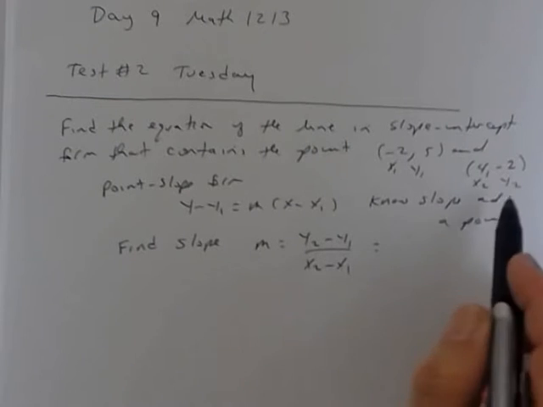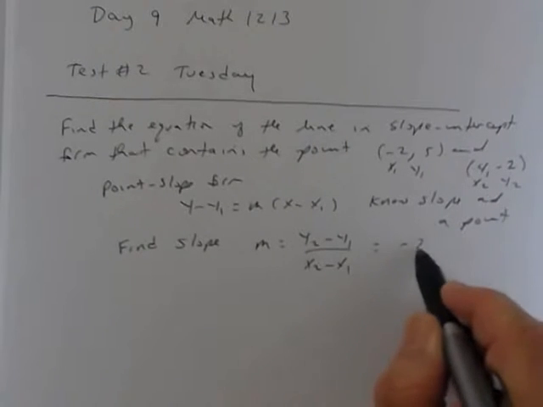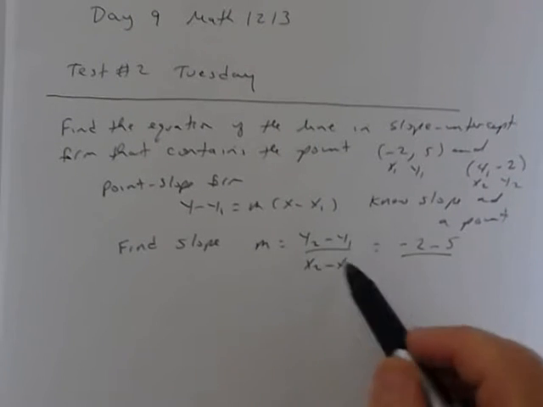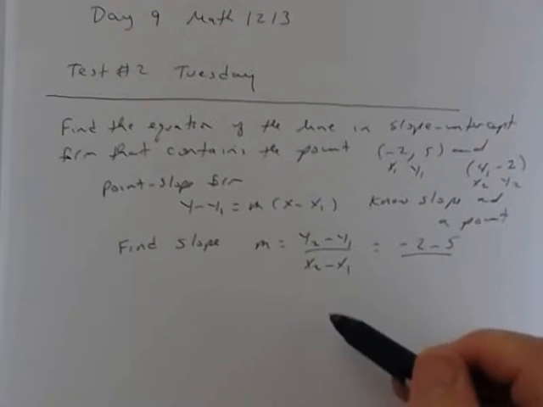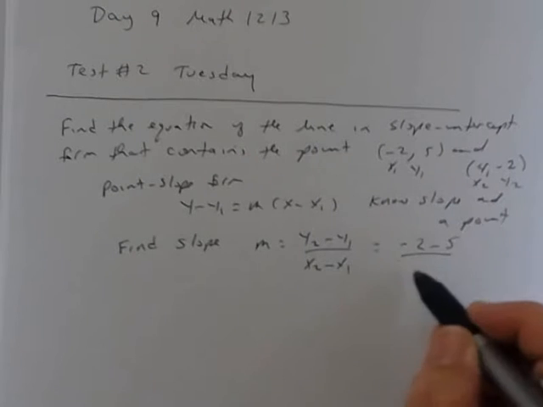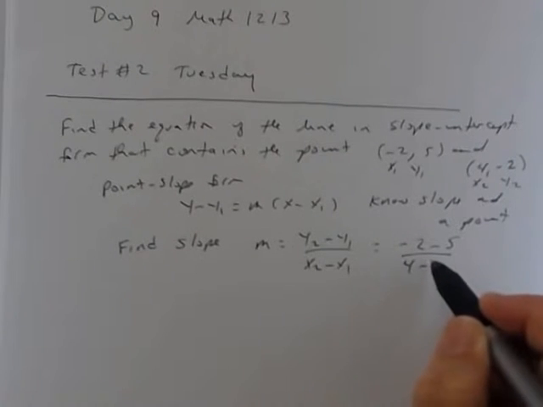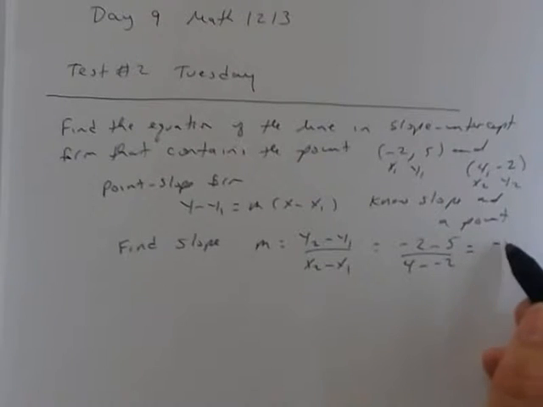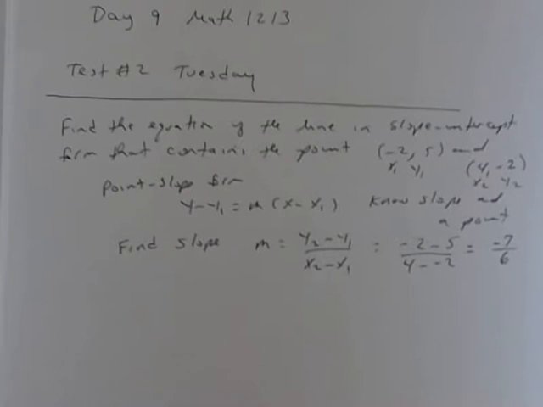So what's y2 in this case? -2, subtract y1, which is 5, divided by x2, which is 4, subtract x1, which is -2. What's the numerator? -7. What's the denominator? 6. So my slope is -7/6.